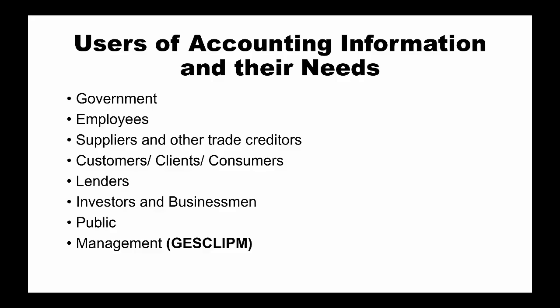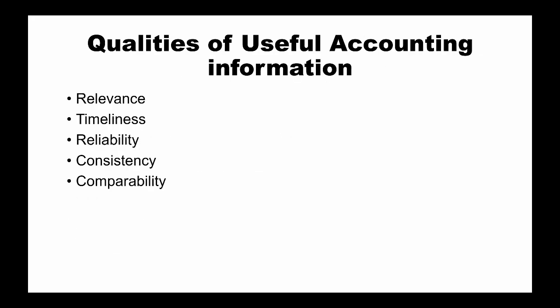Then you have the public. All of us need accounting information to know the status of the business. Then you also have the management. They need accounting information to assist in planning and decision making. So those are the most common users of accounting information.